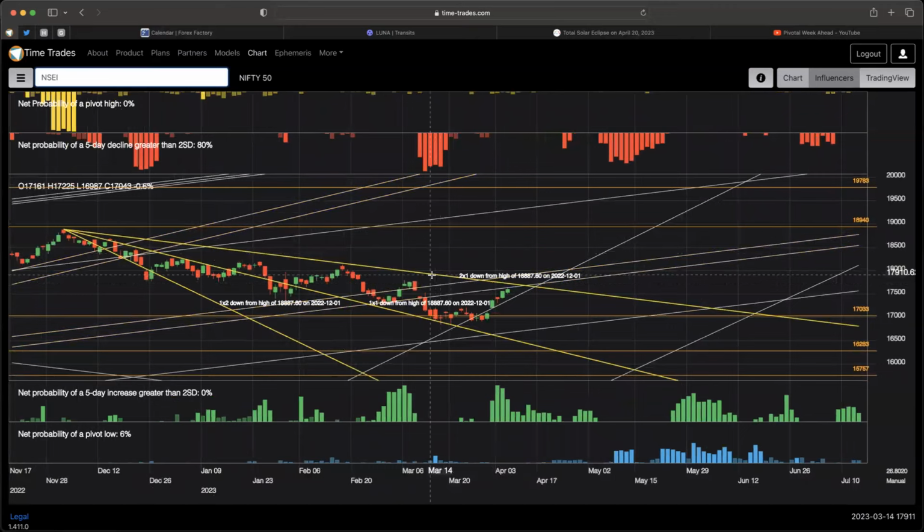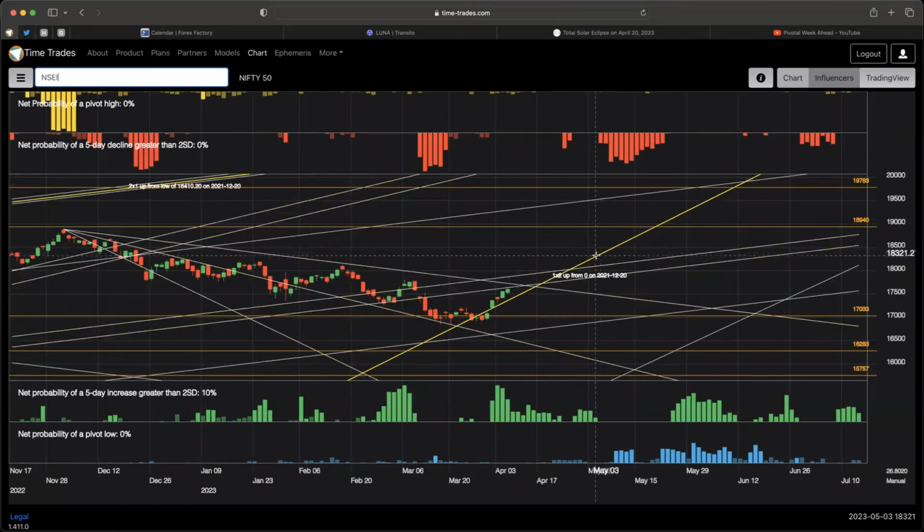If we can break out above this upper GANFAN, then that would be very bullish for the NIFTY. We've got this line here, which is the 1x2 up from 0, anchored at 0 on December 20th, 2021. So that is providing some support. You can see it also found support around the magic level at 17,000.